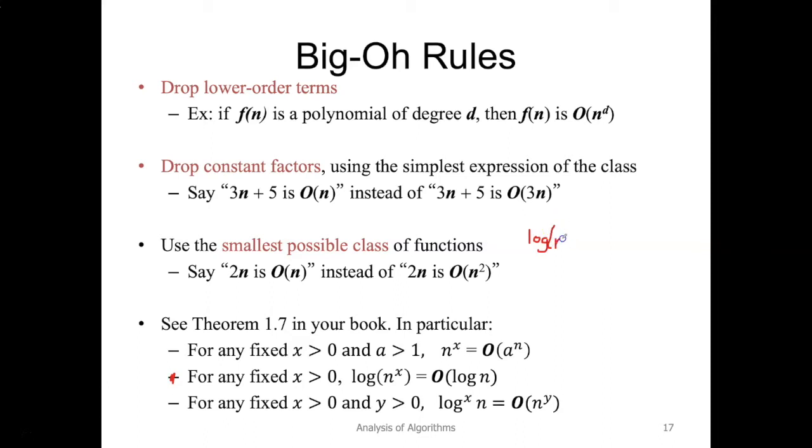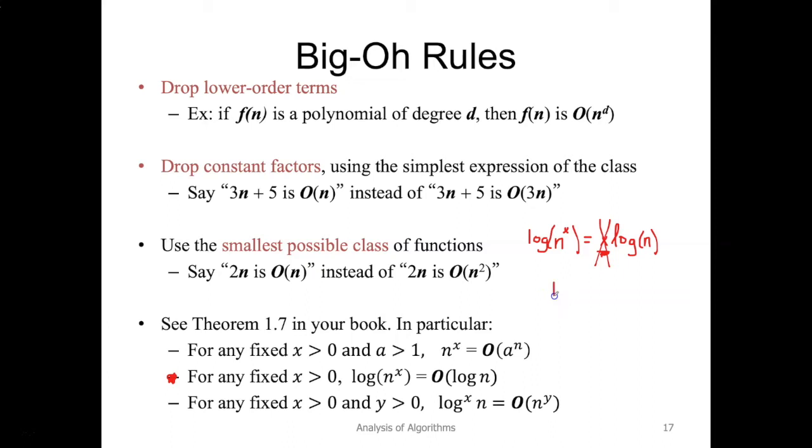If we have log of n to the xth power, any x greater than 0, this is equal to x log n. These 2 things are equivalent. Because x is just some constant number, it doesn't depend on n at all, when we put this in big O notation, we'll end up getting rid of that constant coefficient. Right? So log of n to any power is log n.